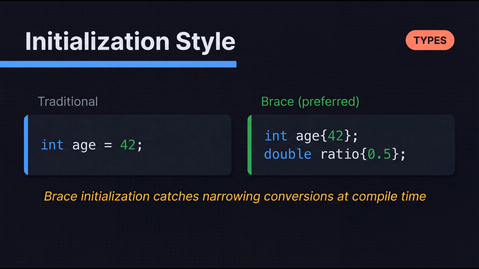Why prefer braces? Because brace initialization catches narrowing conversions at compile time. If you accidentally try to store a double in an int using braces, the compiler will warn you. With the equal sign, it silently truncates. This is a small habit that prevents real bugs. Use braces when practical, especially for numeric types.